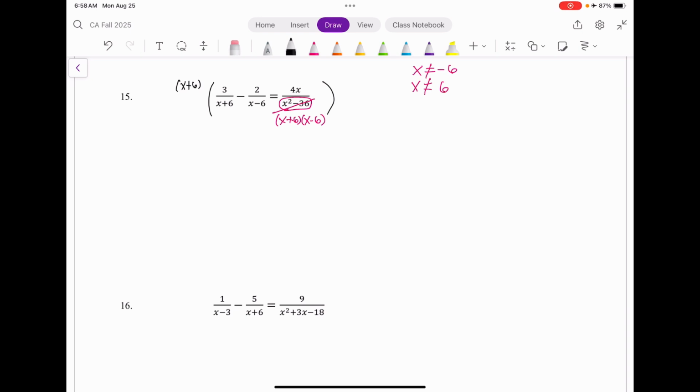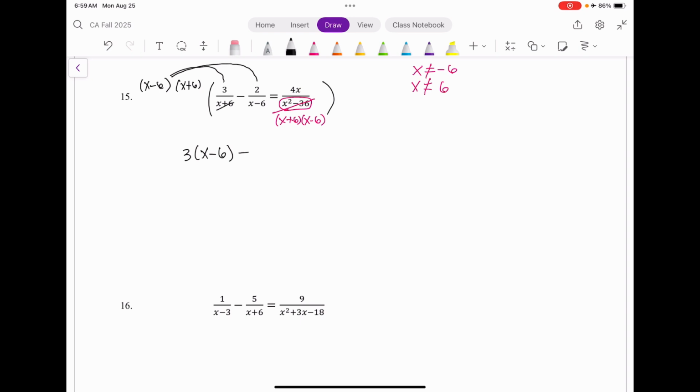So we'll multiply everything by x minus 6, x plus 6. So when we multiply the first fraction, the x plus 6's will cancel, right? Just leaving 3 times x minus 6. Okay? And then next we'll multiply those same two factors to the second fraction.